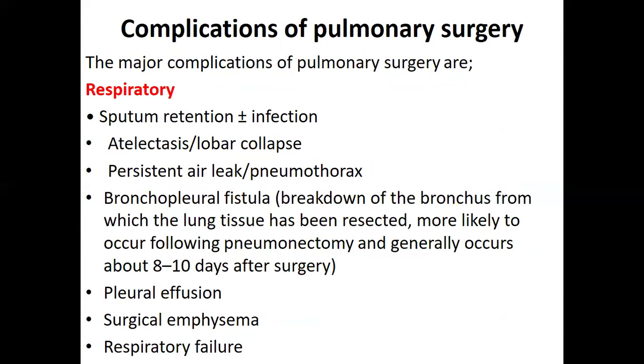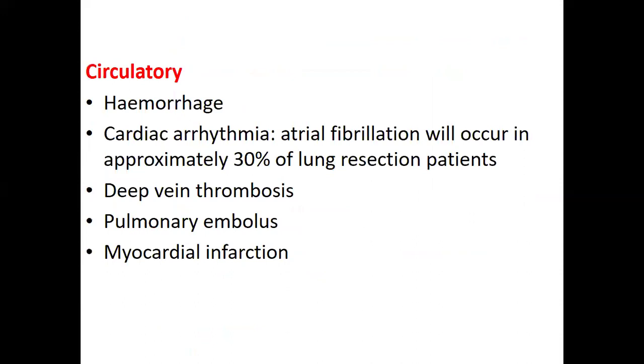Major complications of pulmonary surgery will include respiratory ones. They can bring about atelectasis, collapse of the lung tissue. It can bring about pleural effusion, surgical emphysema as well as respiratory failure. So make sure that all those things are taken into consideration so that you avoid them as much as you can.